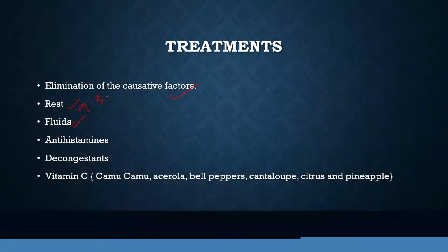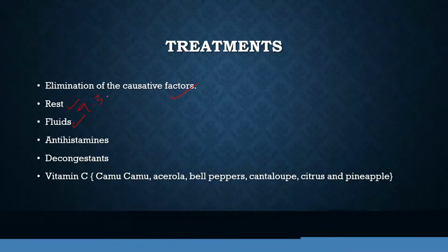Cayenne pepper is a very good decongestant. So here we have cayenne, we have peppermint, and garlic.